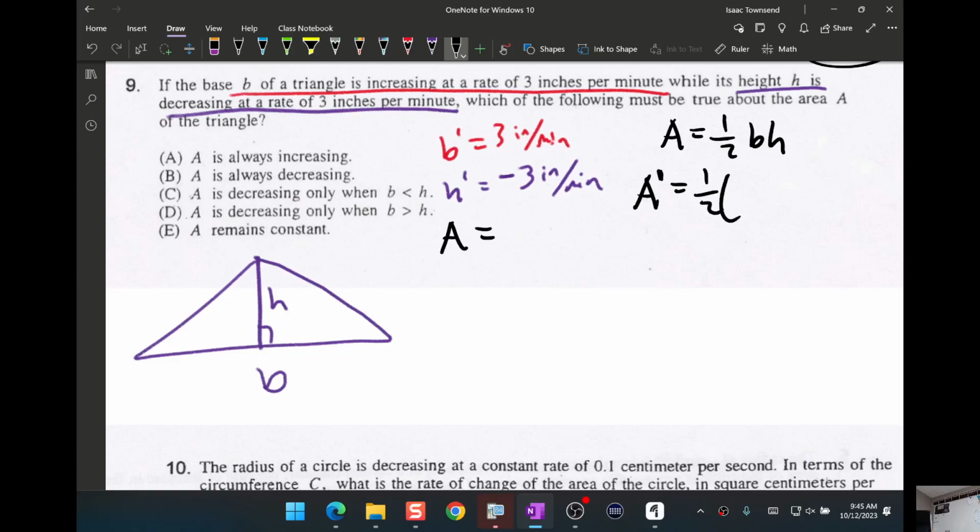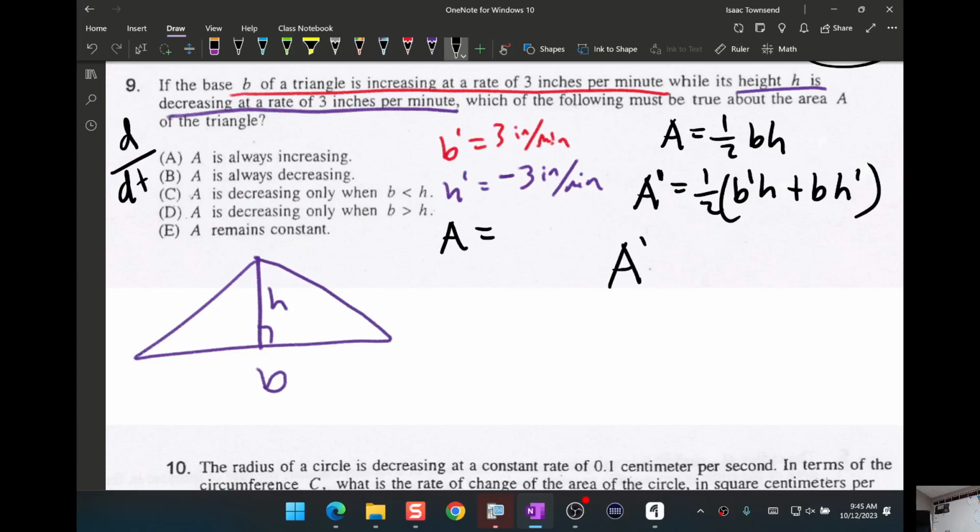And to take the derivative of BH, you're going to have to use product rule. The derivative of B with H left alone and then the derivative of H with B left alone. Related rates are always with respect to time, so that's why I needed a B prime when I took the derivative of B and an H prime when I took the derivative of H.